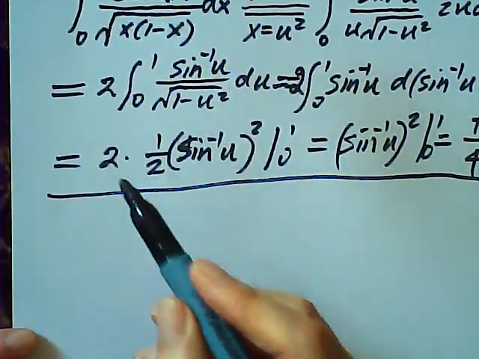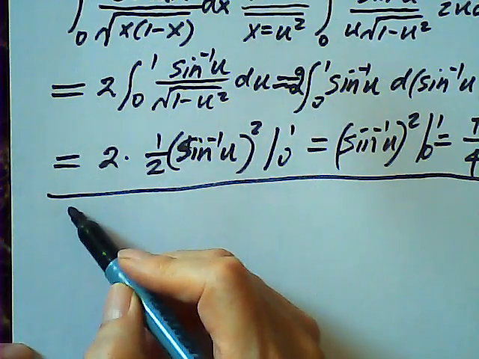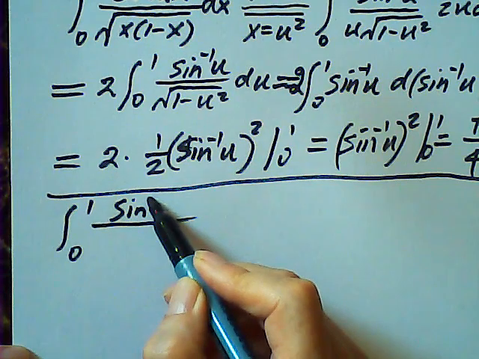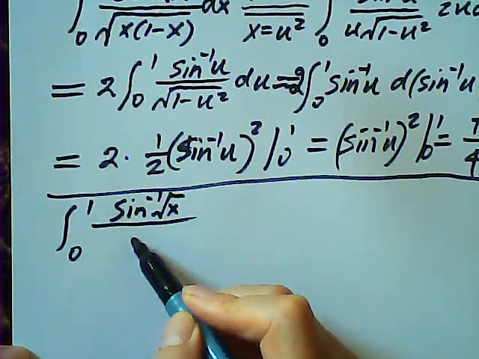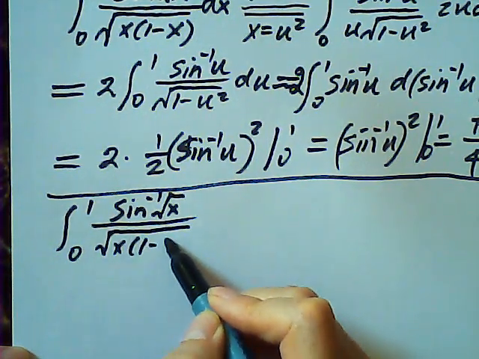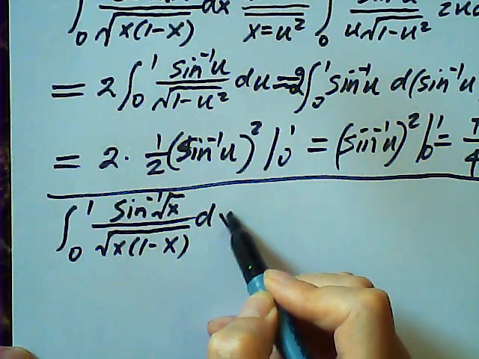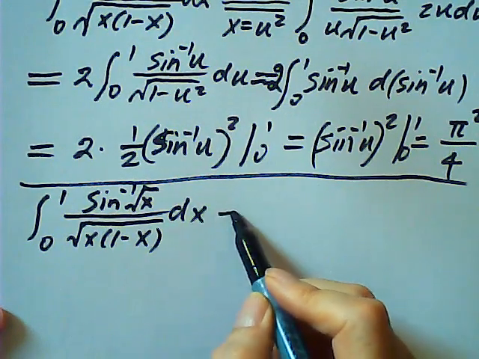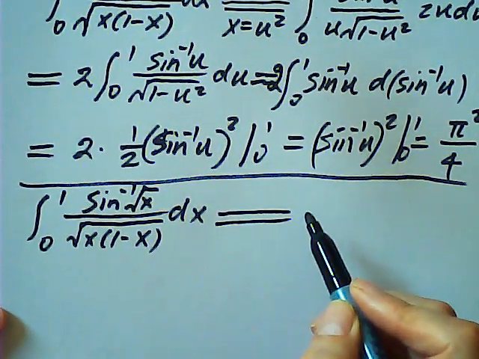Okay? Now method 2. From 0 to 1, arcsine square root x over square root of x times 1 minus x, dx. Now this method starts with the substitution.